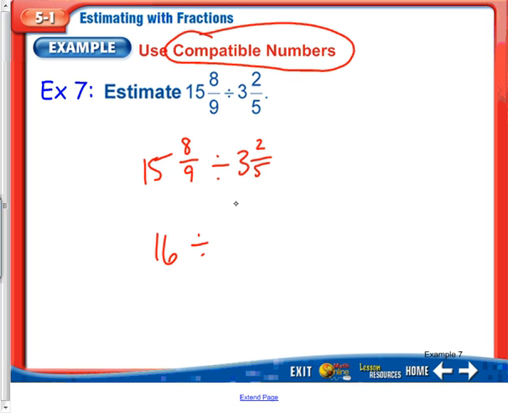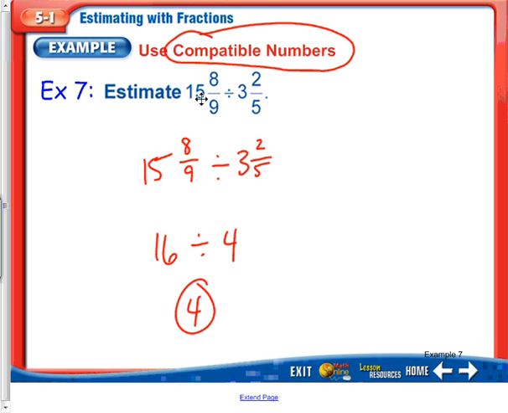So think of a number that is close to 3 2/5, but can divide into 16. Well, that number would be 4, and 16 divided by 4 is 4. Even though we normally wouldn't round 3 2/5 to 4, in this problem we'll go ahead and do that because we want to be able to estimate quickly to find out what a viable solution would be.